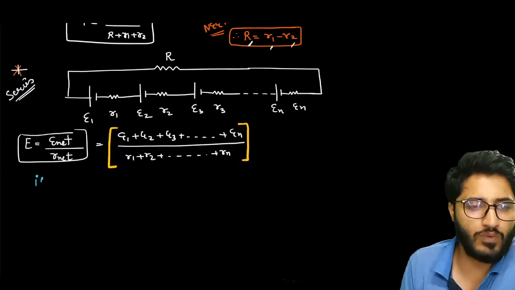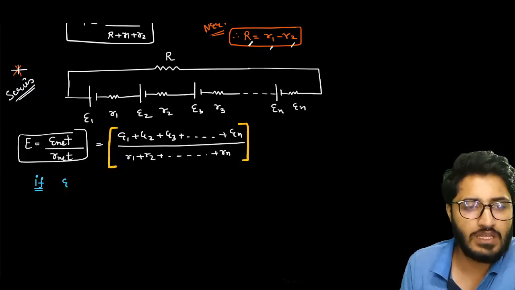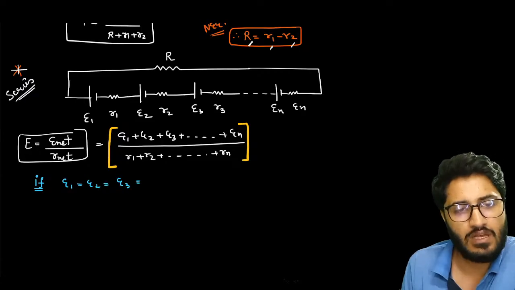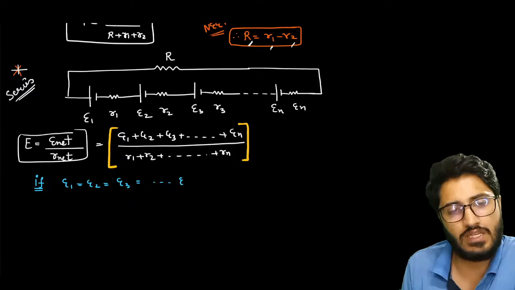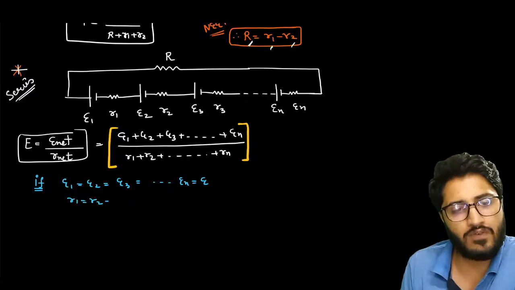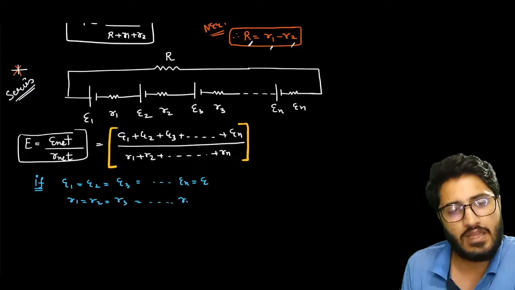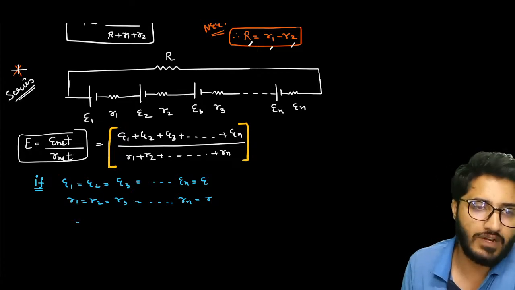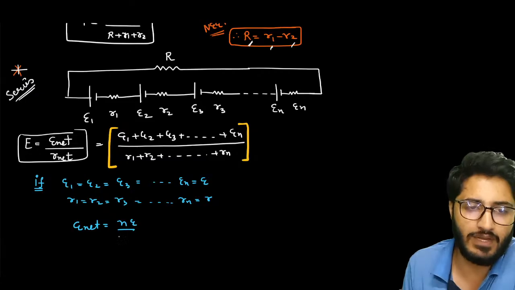If, let's suppose one more topic, E1 equals E2 equals E3 up to En equals E, and R1 equals R2 equals R3 equals Rn equals R. So how will you write now? You will write E net came out to be N times E divided by N times R. It will be E by R only.